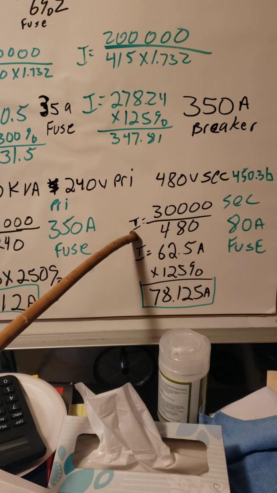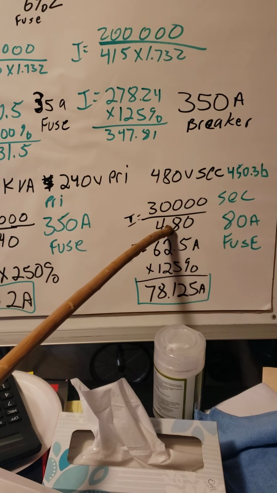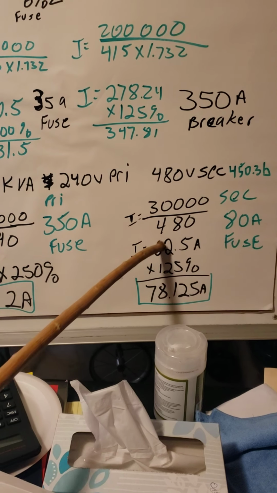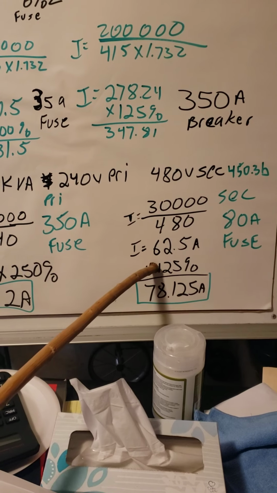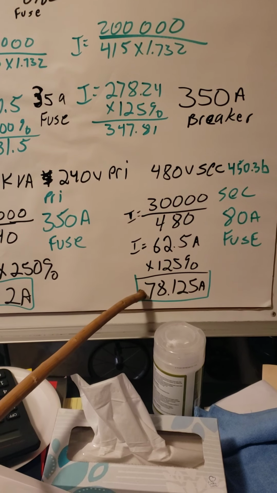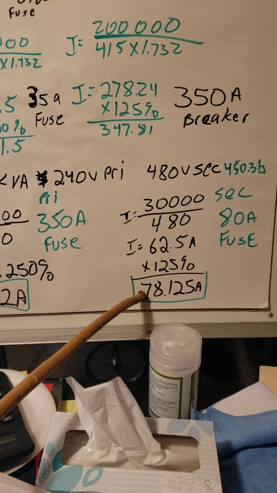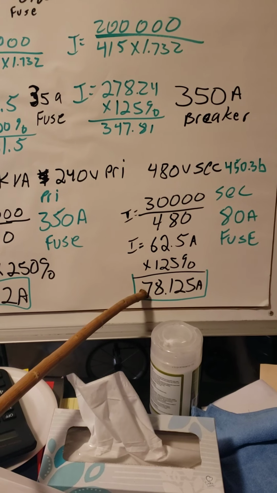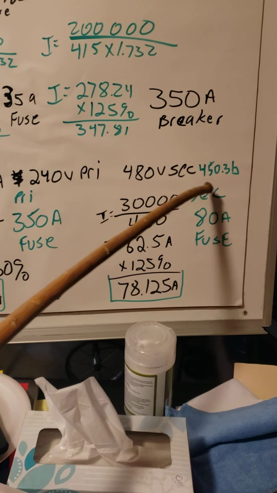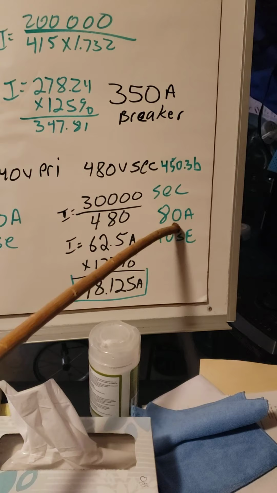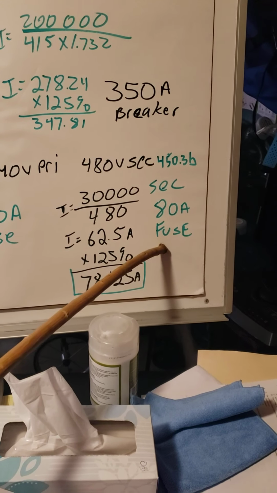On the secondary side, I got 30,000 divided by 480 gives me 62.5. I multiply that by 125%, comes up to 78.125. So I got an 80 amp fuse on my secondary.